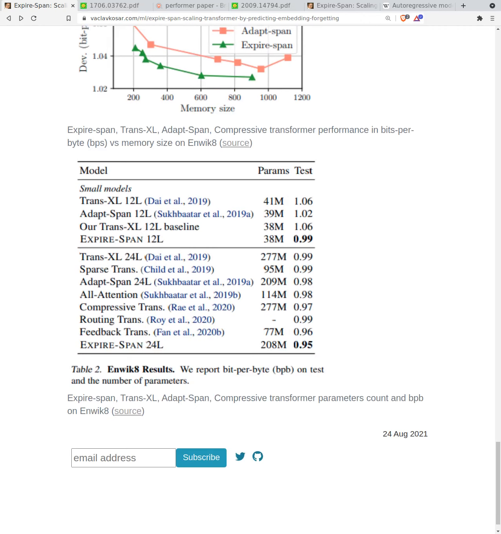Alright, so I think there's one more comparison with all attention. This Expire-Span has more parameters, about double, if I understand this table correctly. It has double the number of parameters, but it has better performance. Alright, that's it. See you next time.